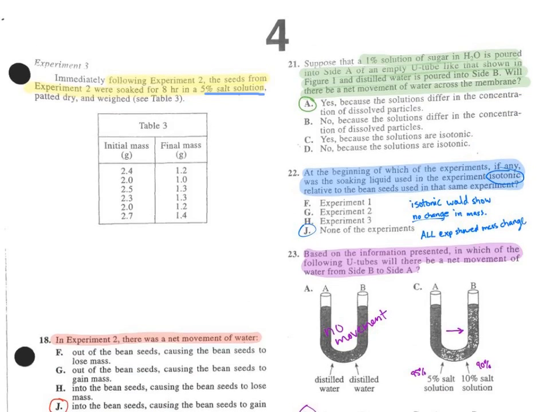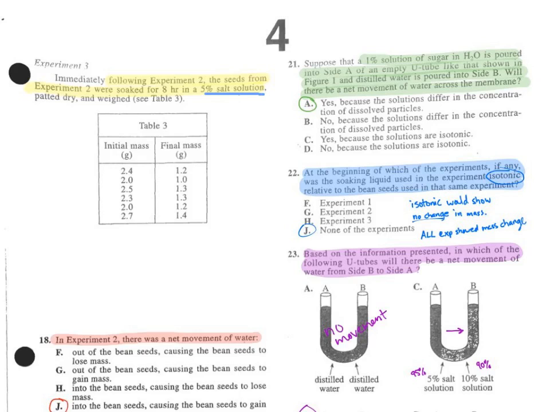Number 21 says that a 1% solution of sugar in water is poured into side A of an empty U-tube, like that shown in figure 1, and distilled water is poured into side B. Will there be a net movement of water across the membrane? So you should notice that a 1% sugar solution is going to be different than distilled water, which is 100% water.